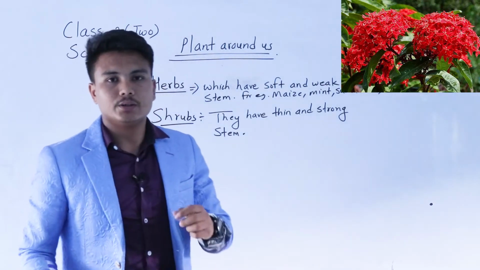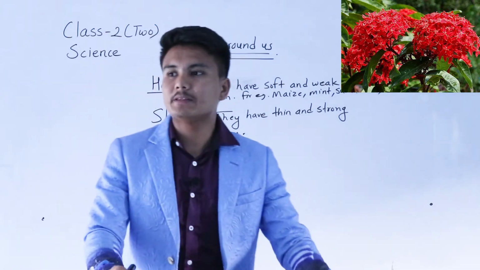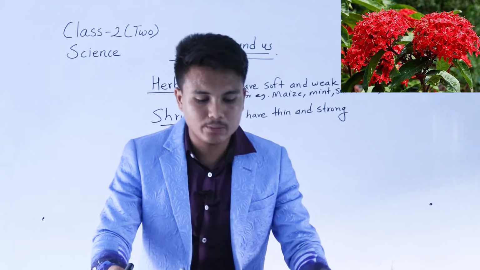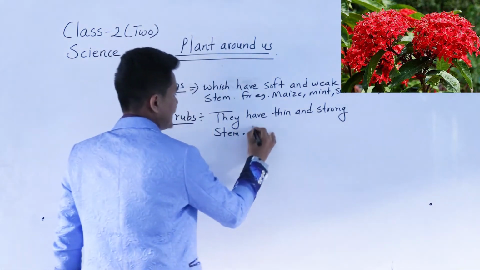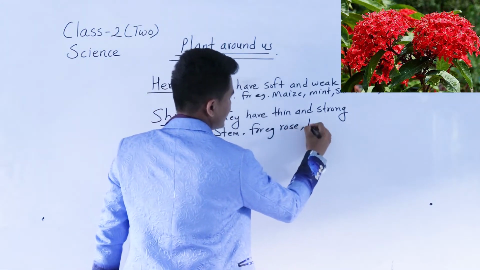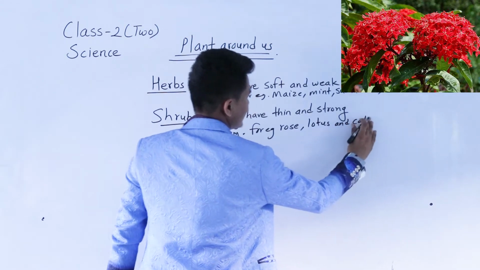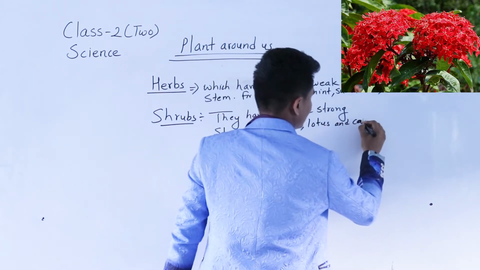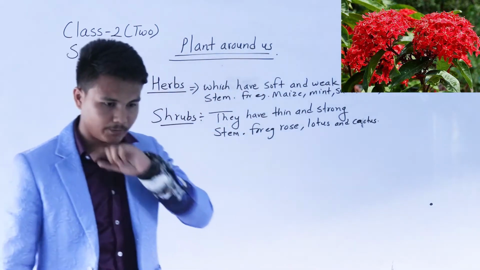Do you know what shrubs are now? Can you please give me some examples of shrubs? Shrubs को के example भन्न सक्नुहुन्छ? Rose, for example. Rose, lotus, and cactus are some examples of shrubs.